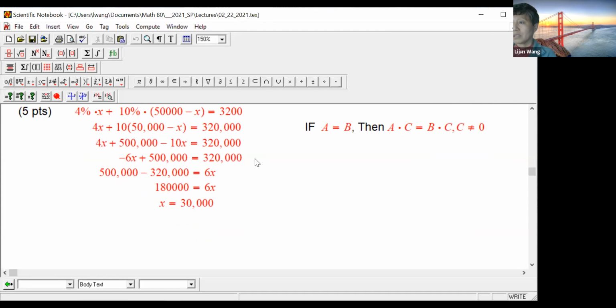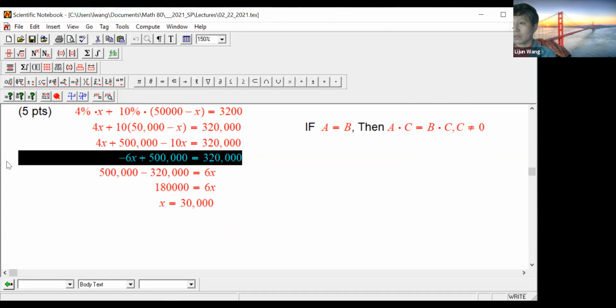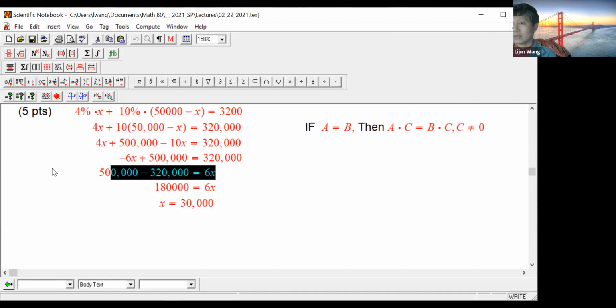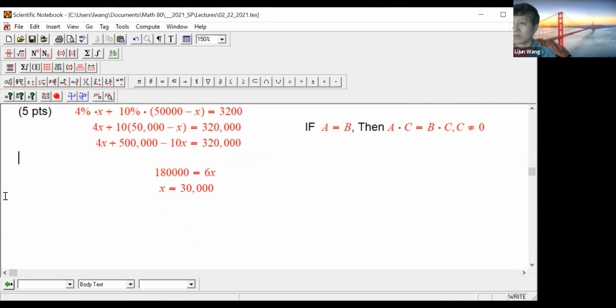Let me cut out some stuff. I would just cut these. It really depends. You can switch sides. You can write it that way. 30,000.